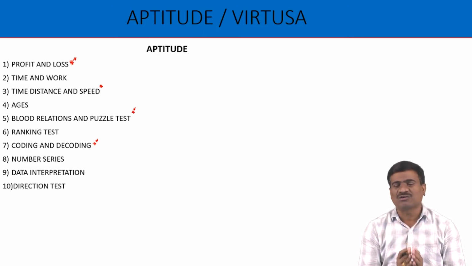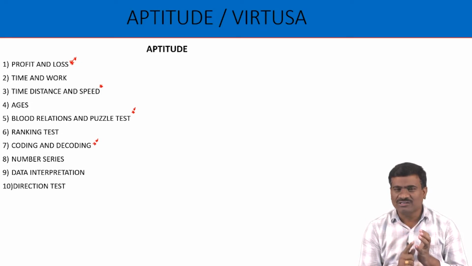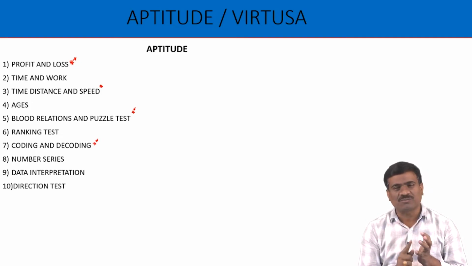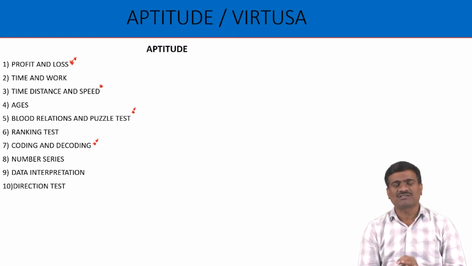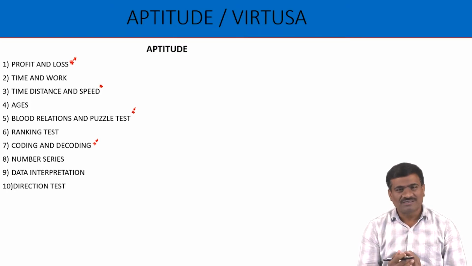In the profit and loss concept, we have two methods. Number 1, the topic depending only on basic applications, meaning find the selling price, cost price, profit and loss. These types of questions belong to type number 1. Second model, marked price and discount concepts belong to type number 2.